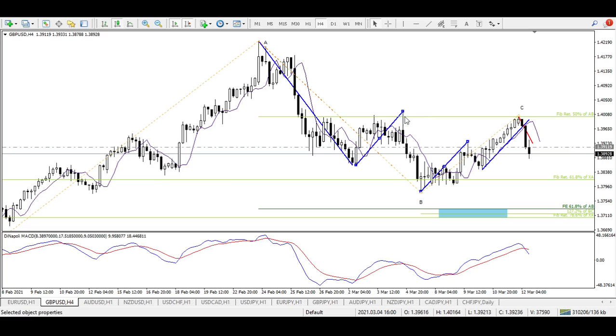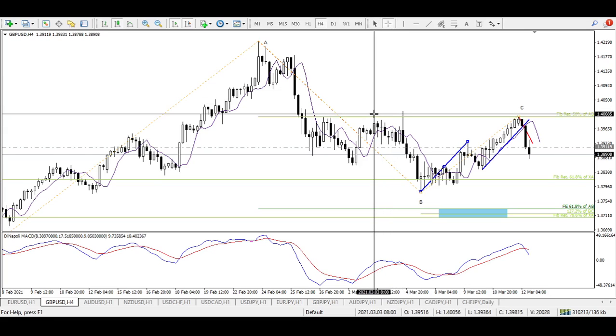So I suggest you keep monitoring the market, and close the trade if and only if a 4-hour candle closes beyond point C by a significant number of pips. At least it should be more than the difference here. Here the high of this candle was 1.4056 and the high of this candle was 1.4016.4, so there was a difference of 11 pips.